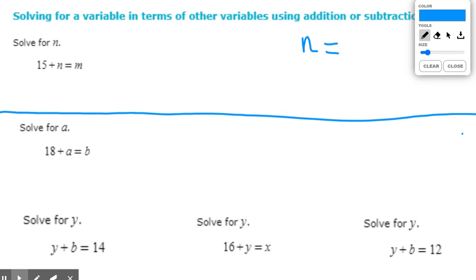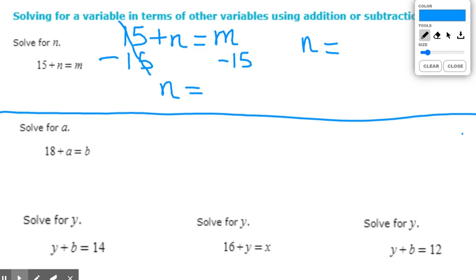So 15 plus n is equal to m. To solve, I need to get n by itself as seen over here. So I'm going to subtract 15 from both sides. Positive 15 and negative 15 cancel out.